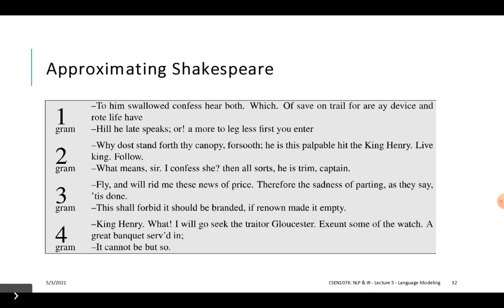A unigram, a bigram, a trigram, and a quadrigram model generating sentences from Shakespeare. And as you can see, as the grams increase in the n, you will end up with sentences that look almost as if they come from Shakespeare. The perplexity related to Shakespeare will be very low because Shakespeare is one author.